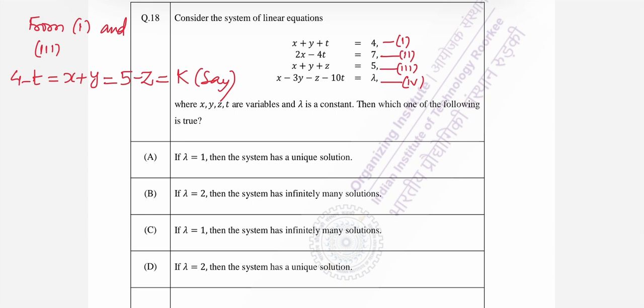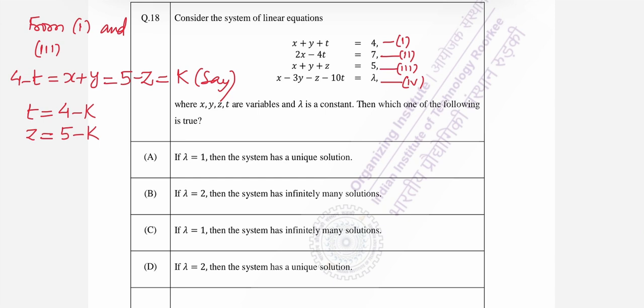So our t will be t equals to 4 minus k, and z equals to 5 minus k, and there are 2 more relations.